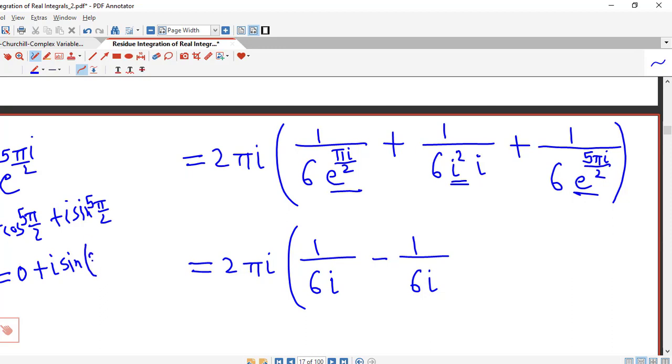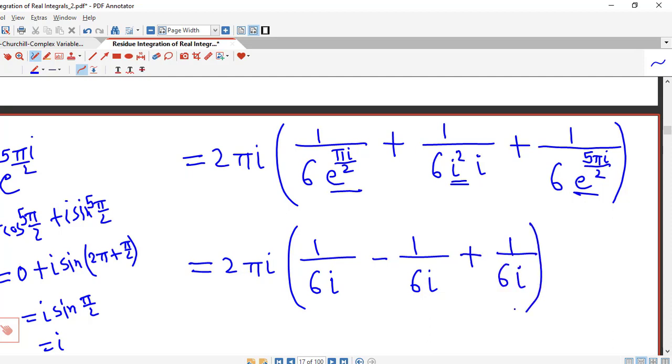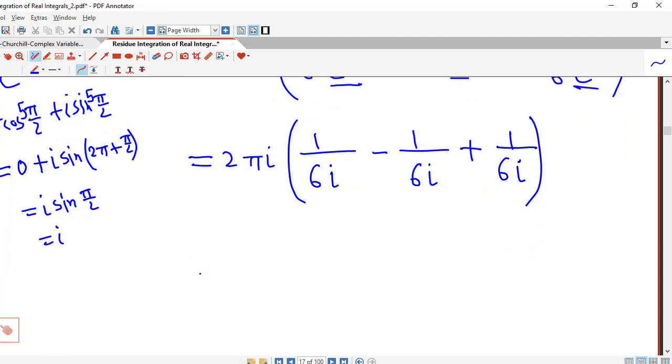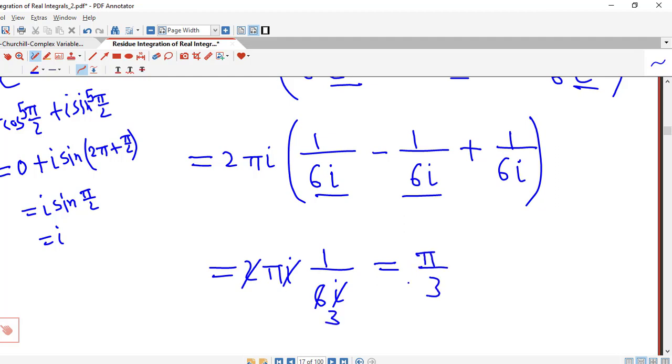In first quadrant sine is positive, so we have i sin pi by 2, so it is i, so here we have 1 over 6i. So therefore this is going to be 2 pi i, these two will cancel out, into 1 over 6i. So again this i will cancel out, here we have 3, so we have pi by 3.